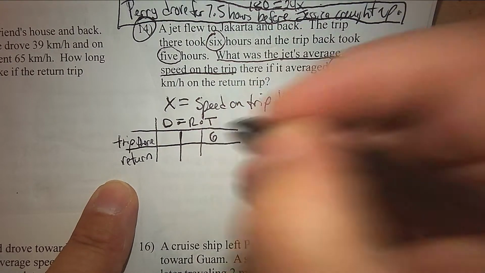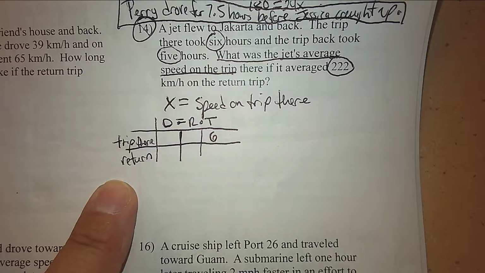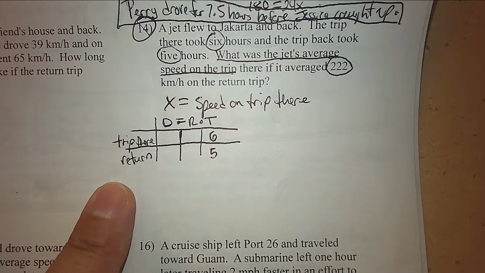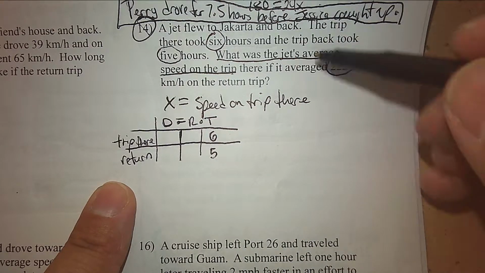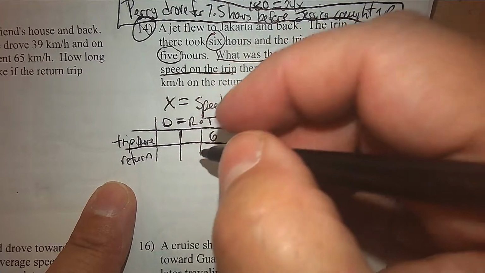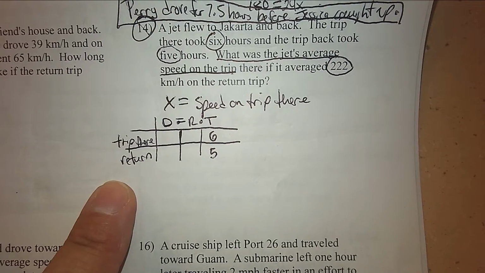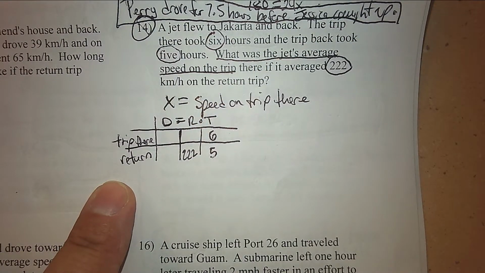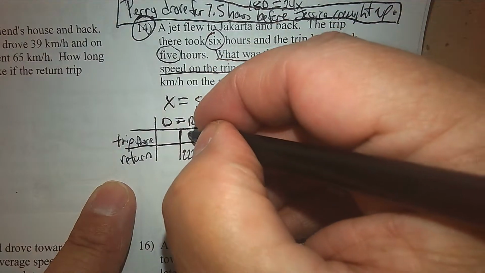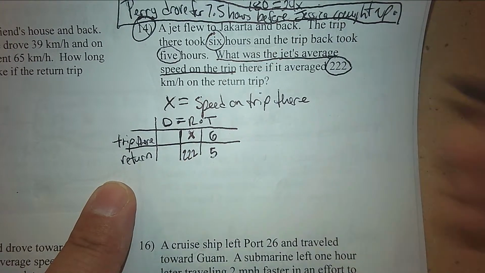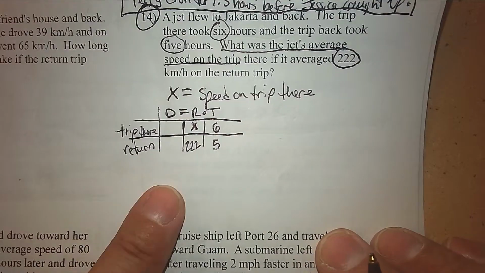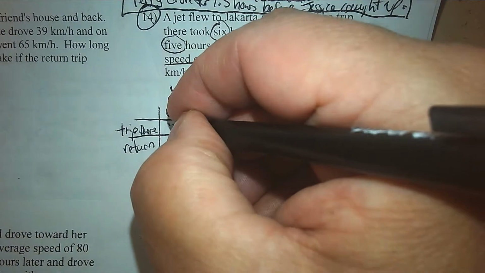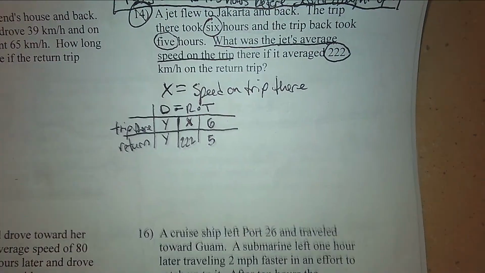So underneath time, I can put down 6. And the trip back took 5 hours. So I can put that underneath time. I know that the average speed on the return trip was 222. I don't know the trip speed there. That's my unknown, right? And then what do I know about the distance? If you went somewhere and came back, whatever the distance is, it's exactly the same.